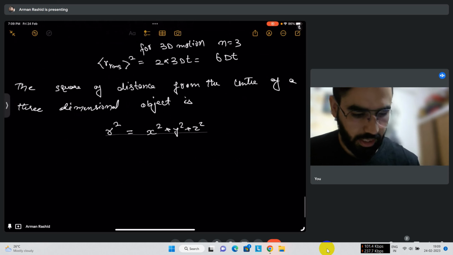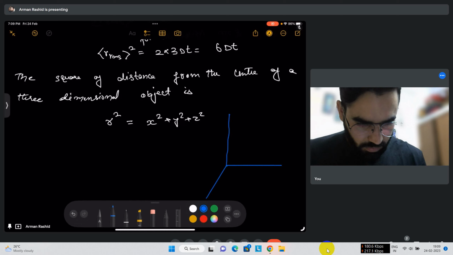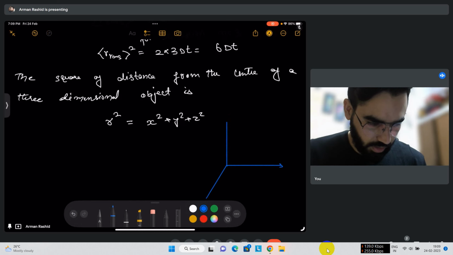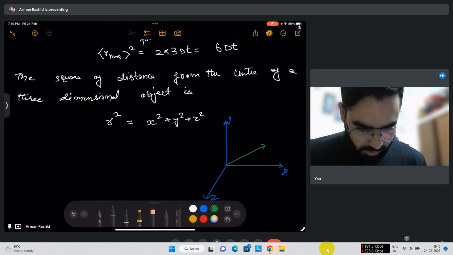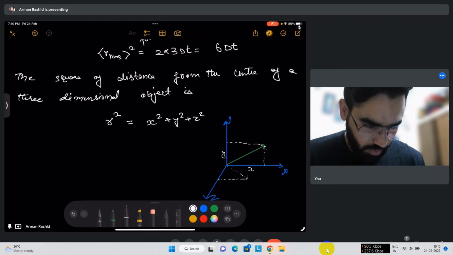So if we have a three-dimensional motion, this is the x-axis, this is the y-axis, and this is the z-axis, and we'll take some arbitrary point. Then we'll have some x, some y, and its projection on the z-axis, some z.